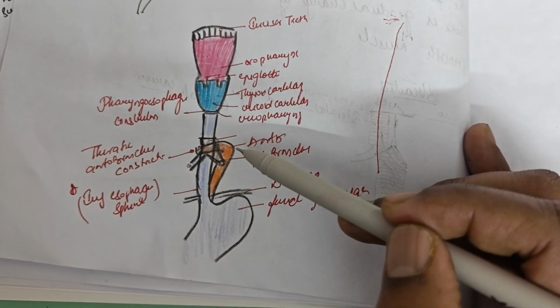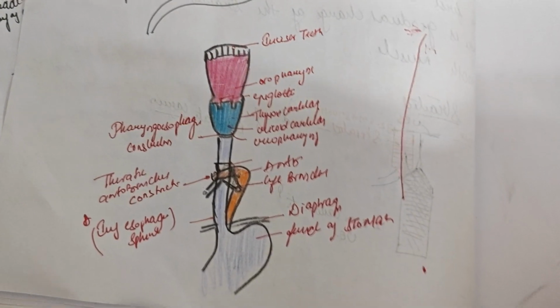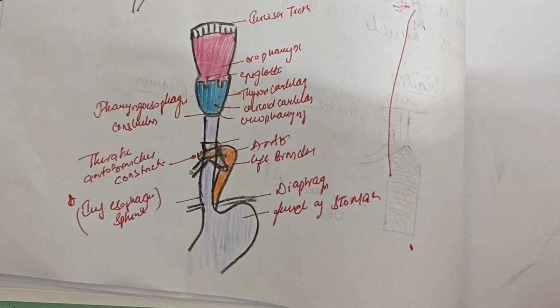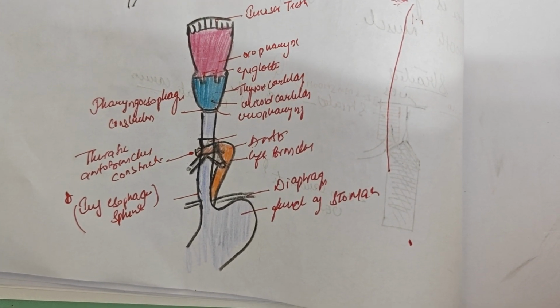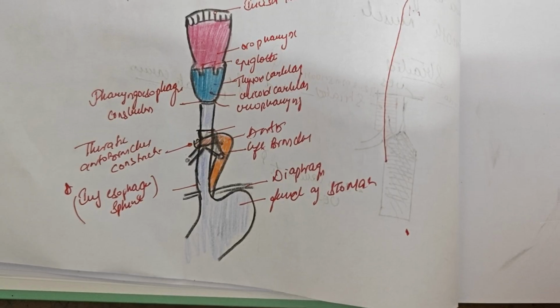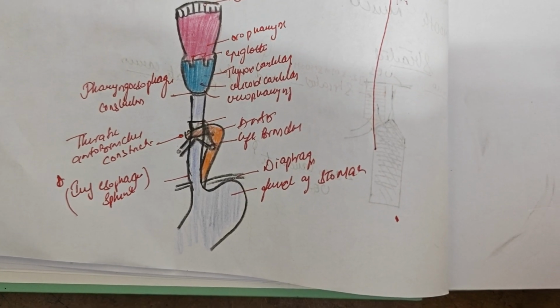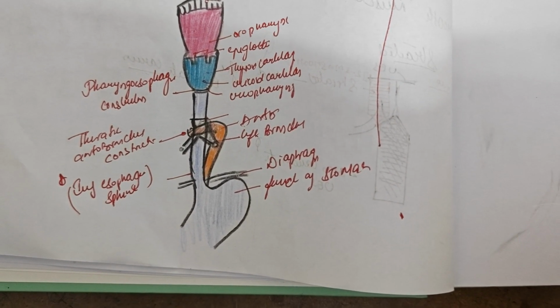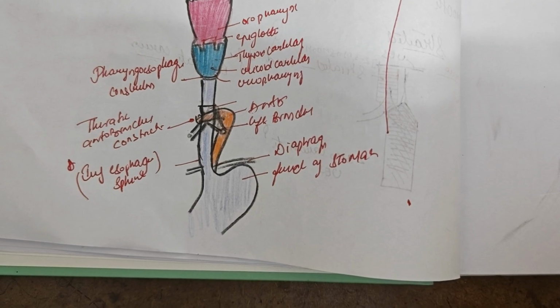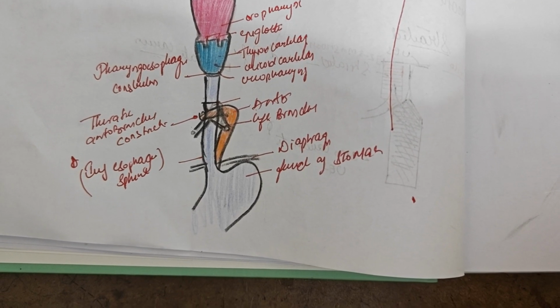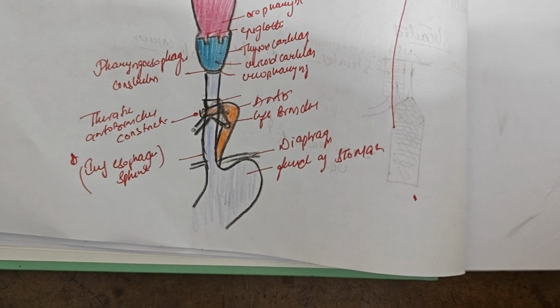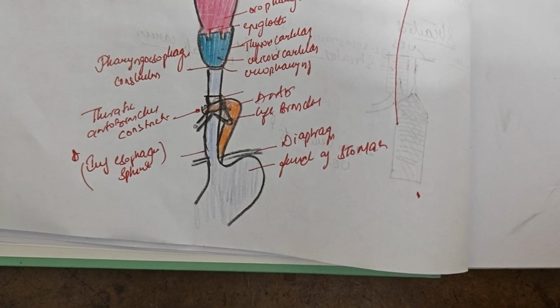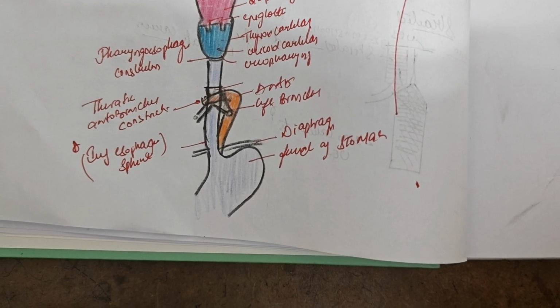This is the aorta. The constriction happens to the esophagus at the level of the aorta. It is T4. How much is it? 15 to 17 mm. Next, the diaphragmatic constriction, which is 16 to 19 mm. So from above downwards it is increasing: 14, 15, then 16.